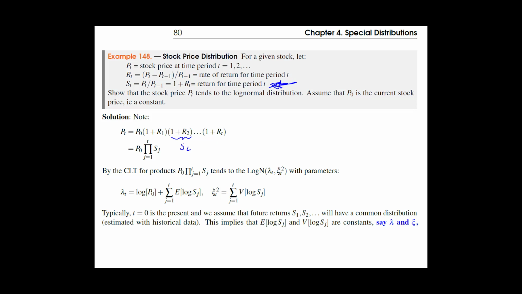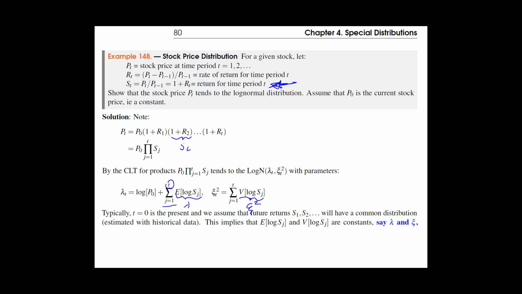Now, in this case, you have these, but these are just the lambda i's and the psi square i's, right? Now, in the case of stock prices, it is typical to assume that all these guys in the future time periods, because J is from the next week until the week you're interested in.